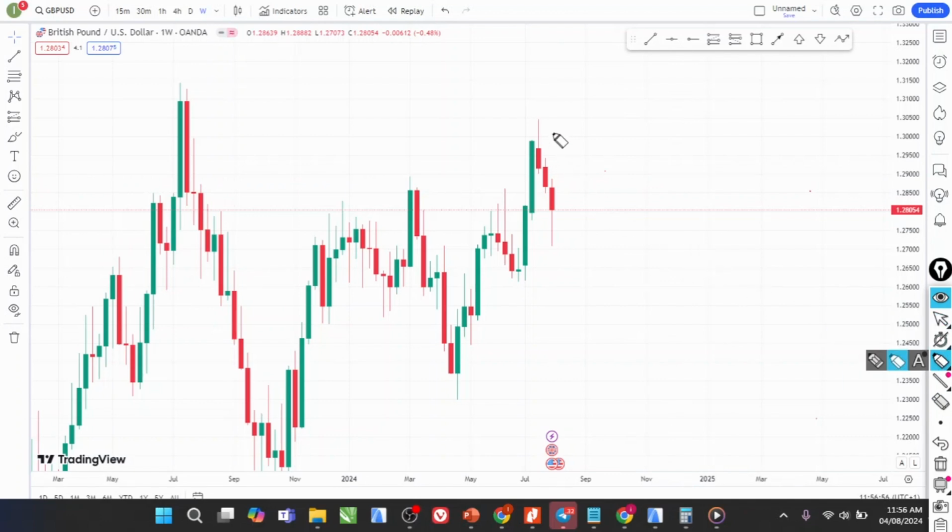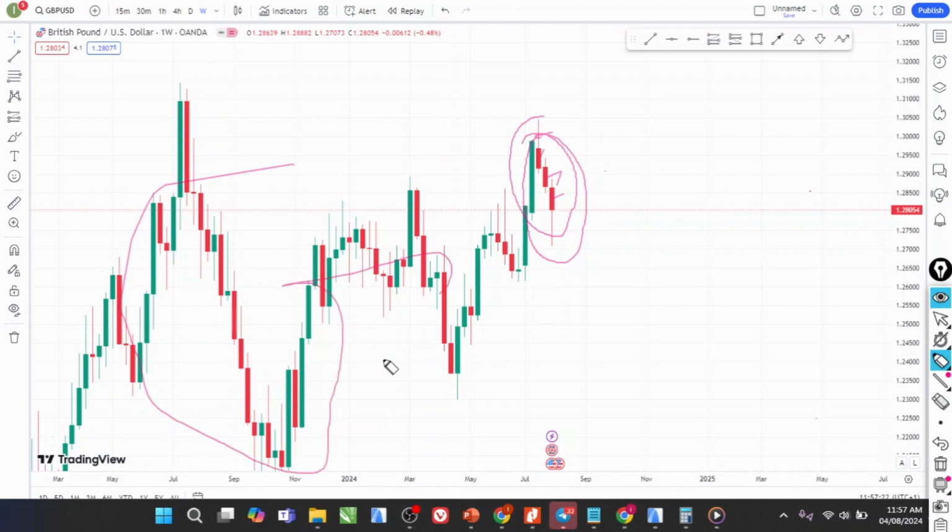So as you can see on the chart, this is the current happening. One, two, three. This is a path for the past 3 weeks now. GBP USD has been in a downtrend. So what is the need of looking at all these places?